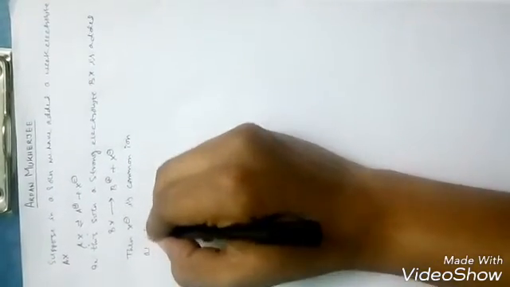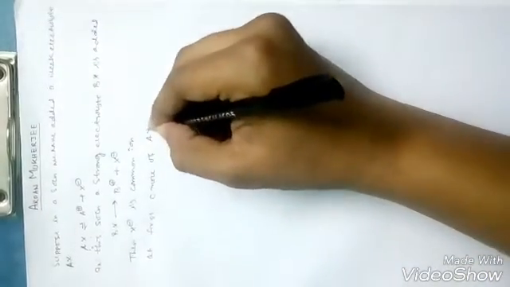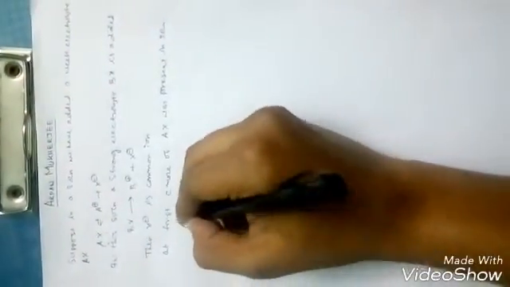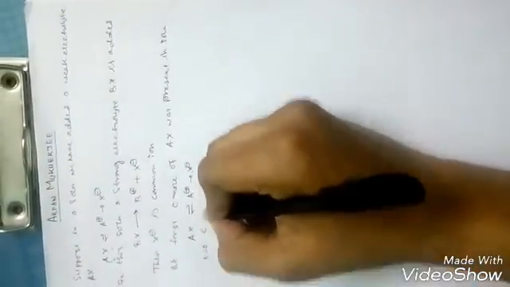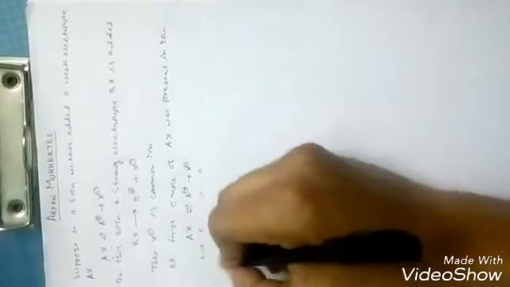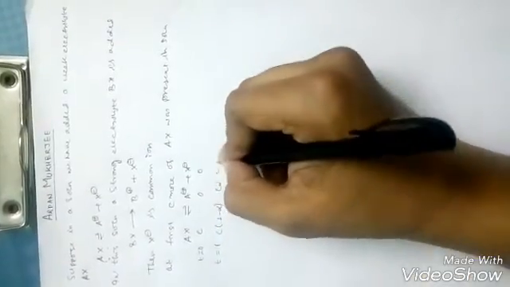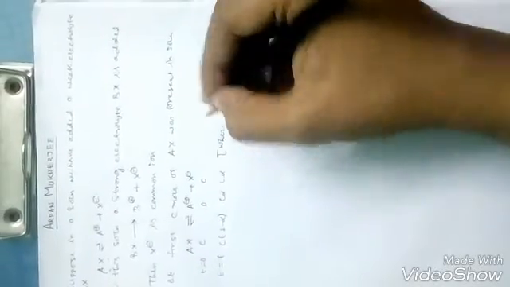Suppose at first C mole of AX was present in the solution. Writing it again, AX double-headed arrow A plus plus X minus: at t equal to 0, it has C, 0, 0; at t equal to t, C into 1 minus alpha, C alpha, C alpha, where alpha is the fraction of dissociation.